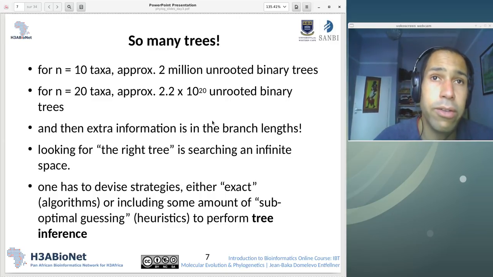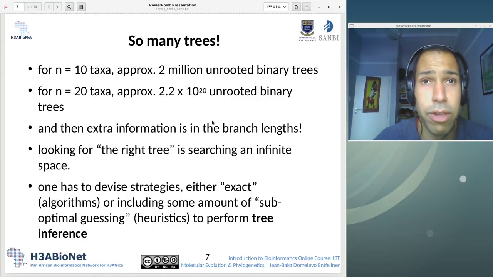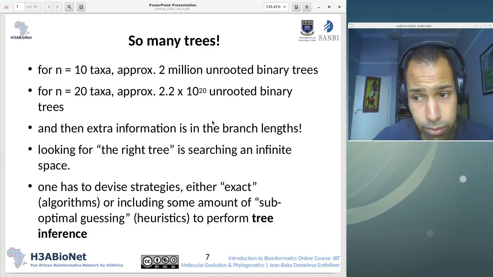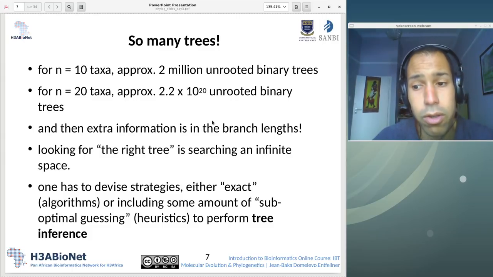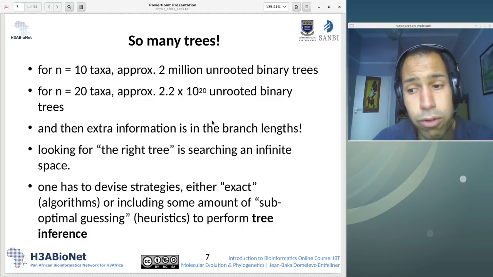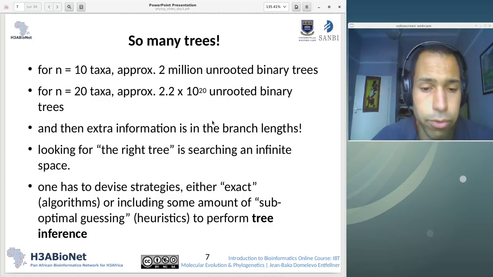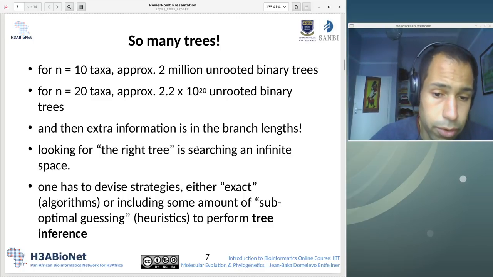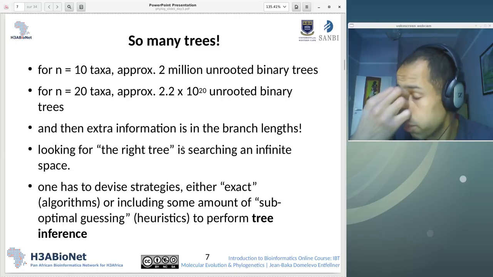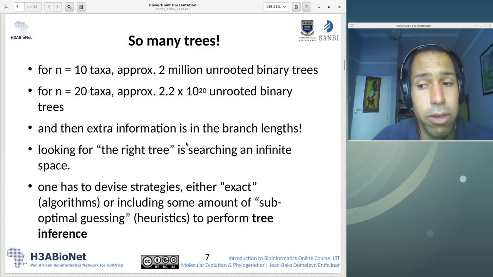But for any unrooted binary tree based on n taxa, you also have a set of 2n minus 3 branch lengths to determine. And these branch lengths all take their values in the set of positive real numbers, which is infinite. So that's why I say the space of all trees plus tree topologies on n taxa is an infinite space.